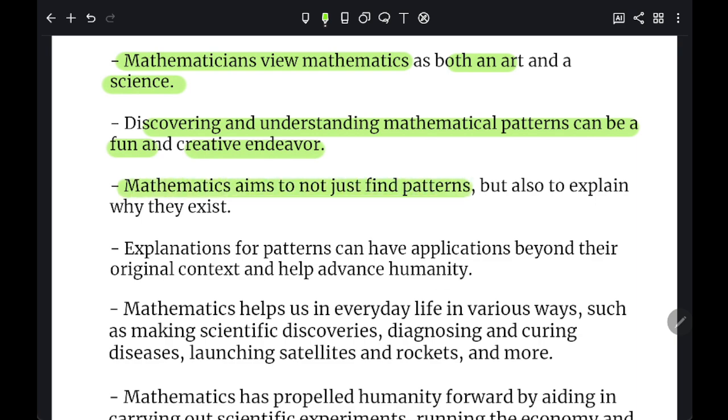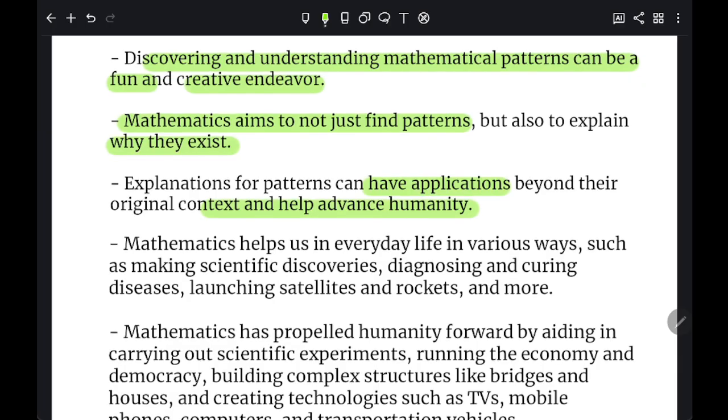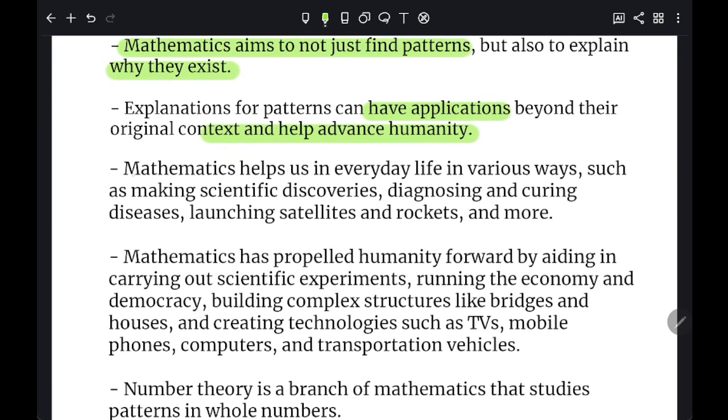Mathematics aims to not just find patterns but explain why they exist. So their application helps in advancement of humanity forward. Mathematics helps us in everyday life in various ways, such as making scientific discoveries, diagnosing and curing diseases, launching satellites, rockets, and more.